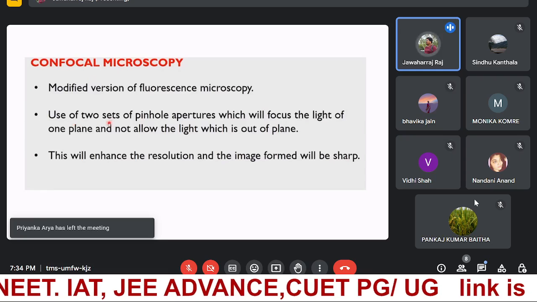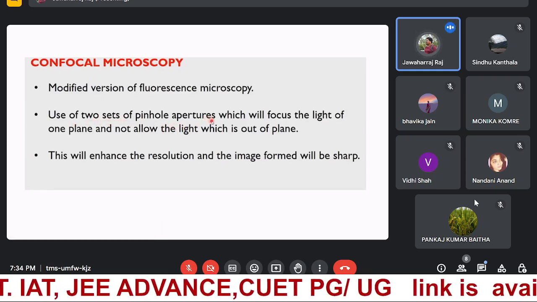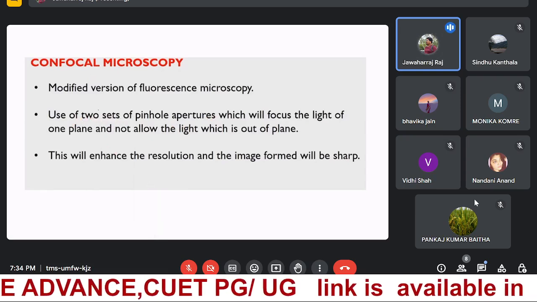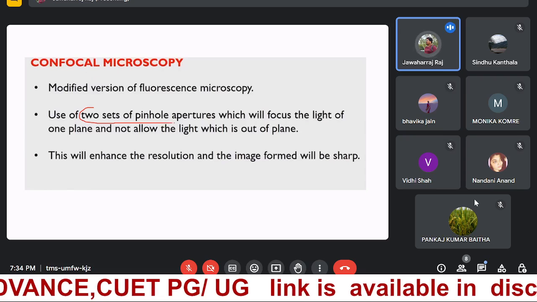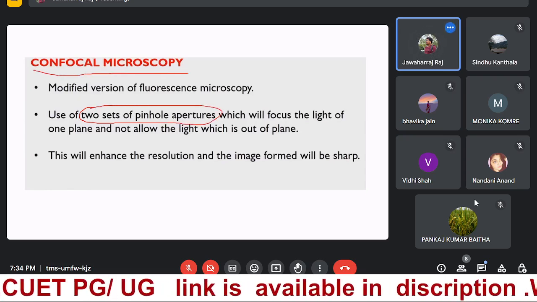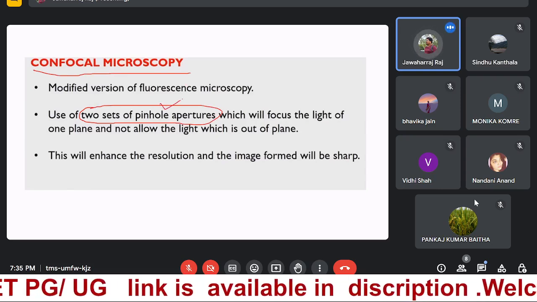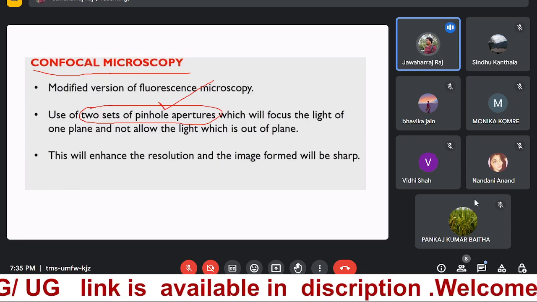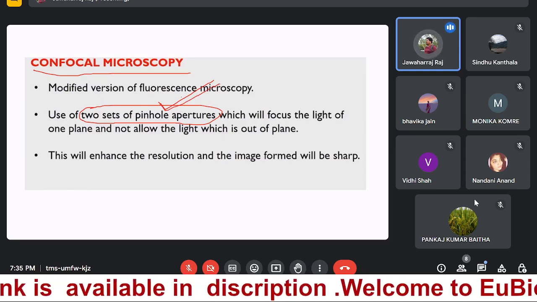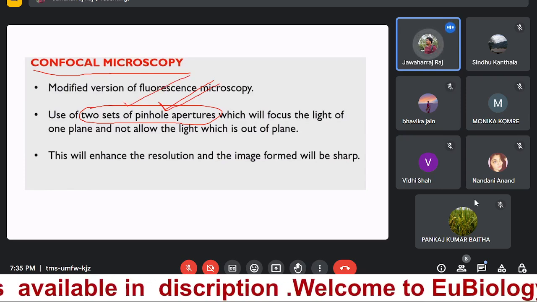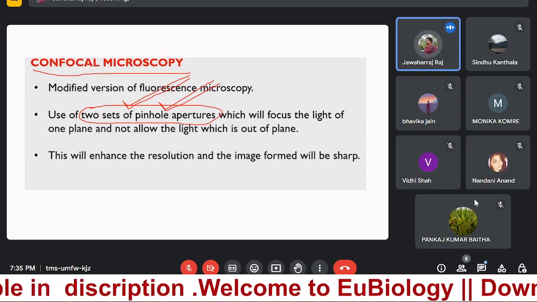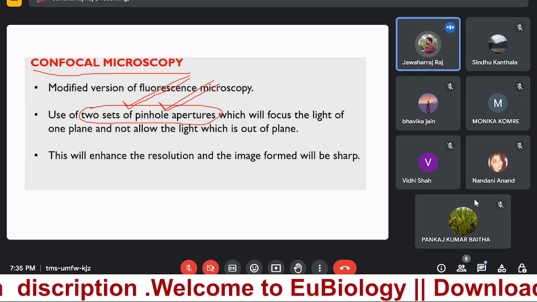It is because there are two sets of pinhole apertures in the confocal microscopy. This is the basic and fundamental difference between fluorescence and confocal microscopy, which may be asked in any exam. I think this question came in a BARC exam or something in the last 2 years.